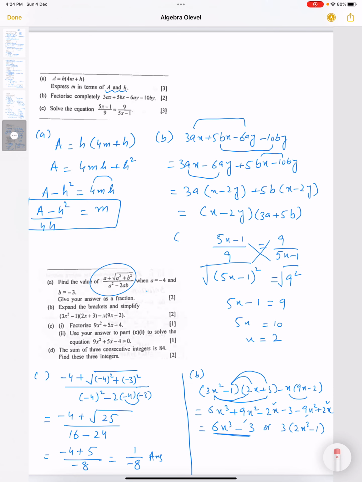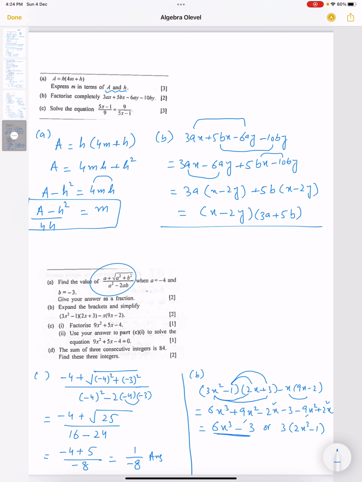Let me erase this part from here, so that I can do C part now. Factorize 9x square plus 5x minus 4. So we have 9x square plus 5x minus 4.